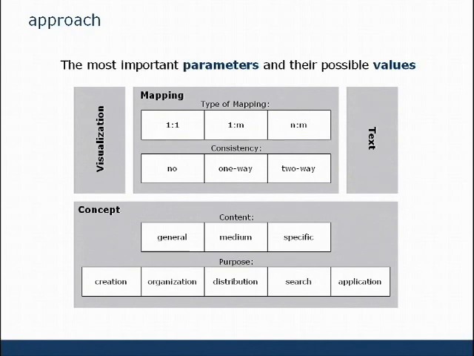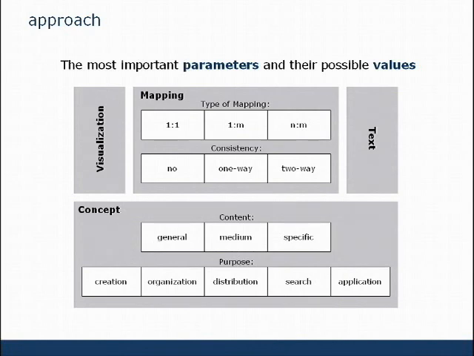And then there's an issue of consistency. So if you change something on one or other side, what's the impact on the mapping? So you could have no consistency, so you're maintaining things sort of semi-independently. You could have one-way consistency, so if you change something on one side, that impacts the other side, or you could have full bidirectional consistency.